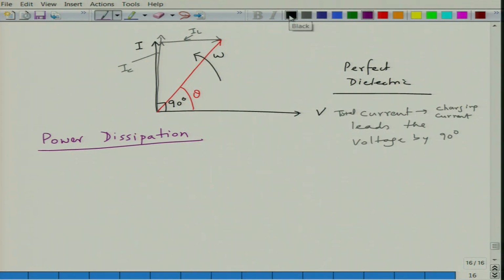The instantaneous power drawn by the dielectric is I_C times V.